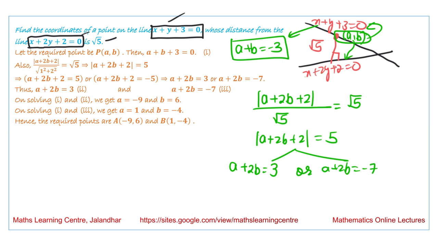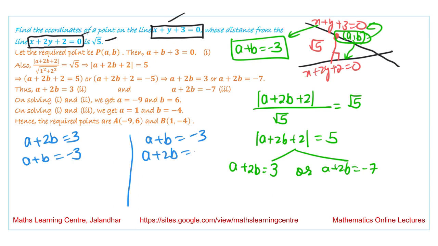So we are solving these two pairs of equations. One pair is a plus 2b is equal to 3, a plus b is equal to minus 3. Second is a plus b is equal to minus 3 and a plus 2b is equal to minus 7. On solving, if we subtract these two equations, we get b is equal to 6 and a is equal to minus 9.